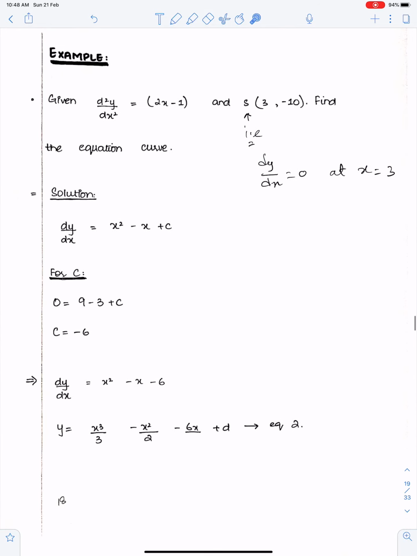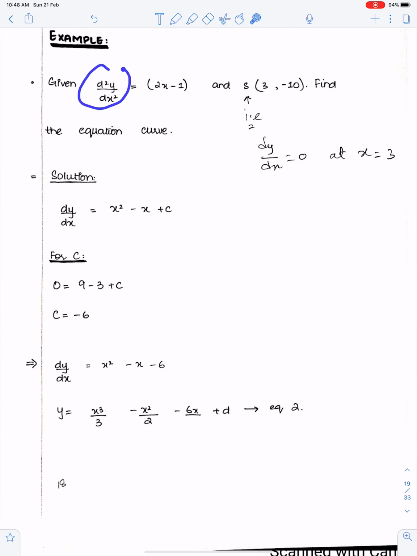So it's simple. Whenever we have the second derivative, integrate the second derivative twice to get the equation of the curve. When you integrate the second derivative the first time, you will get the first derivative, and then when you integrate the first derivative, you will get the equation of the curve. So make sure you integrate the second derivative twice, and make sure you use this condition carefully.